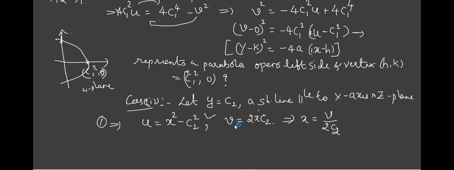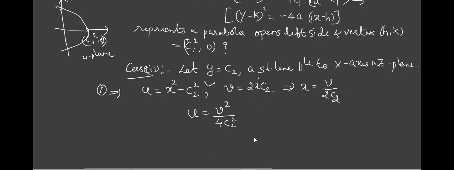We can substitute here. So u equal to x square. What is the square of this? v square upon 4c2 square minus c2 square as it is.